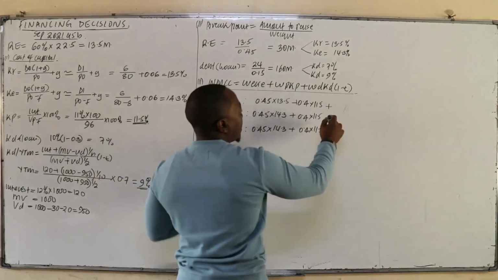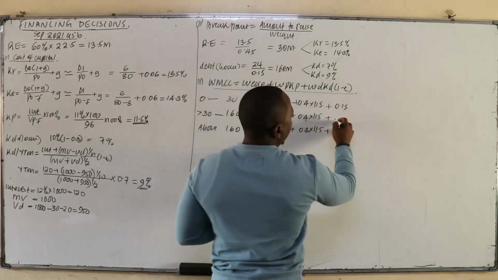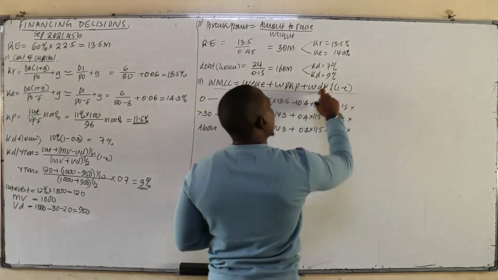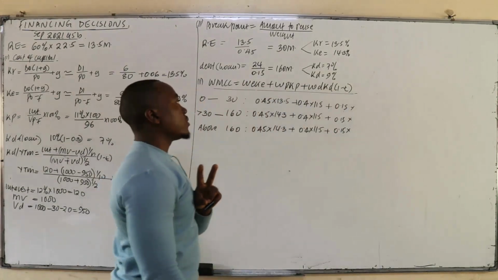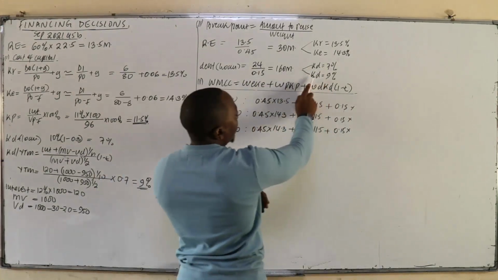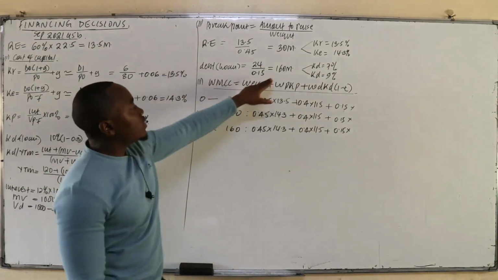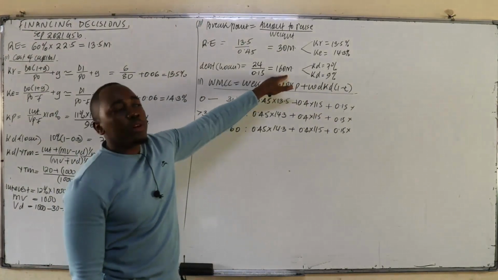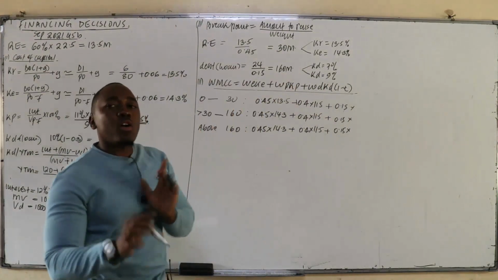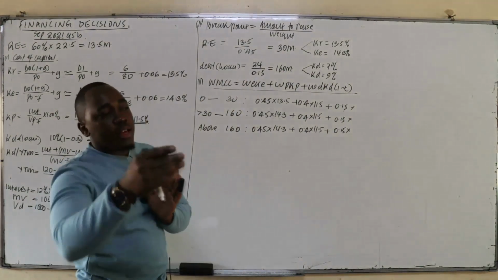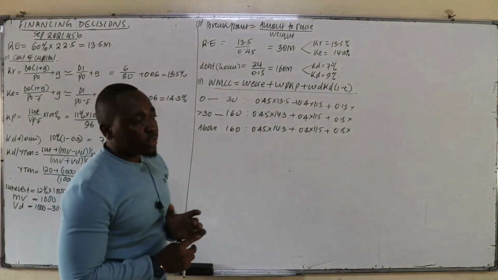Plus, weight of the debt was 15%. Then you multiply by the cost of the debt. Cost of the debt are 2. We have for the loan 7%, we have for the bond 9%. So for the debt, we have the breakpoint for loan, which is 160. So between 0 to 160, we use the cost of the loan. Anything above 160, that's when you use the cost of the bond.